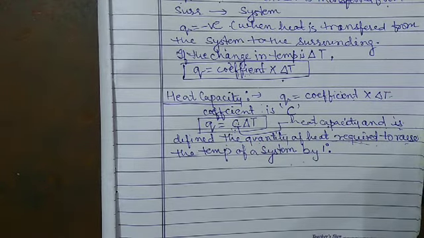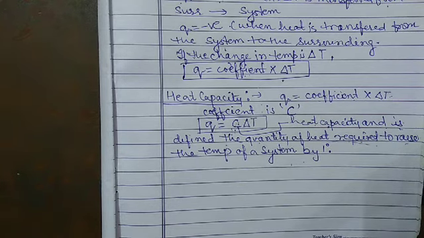If the magnitude of heat capacity is large, then there is a small rise in temperature for a given amount of heat.